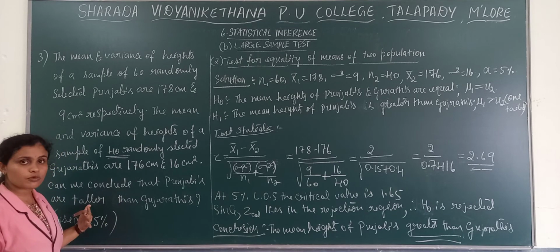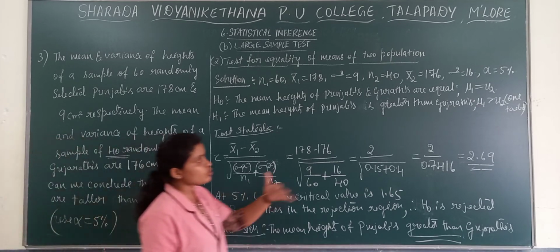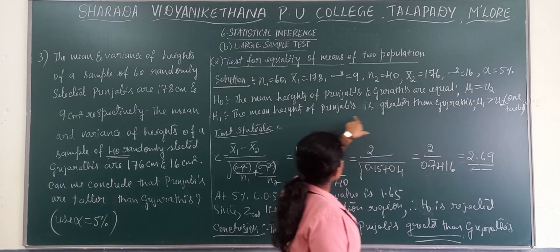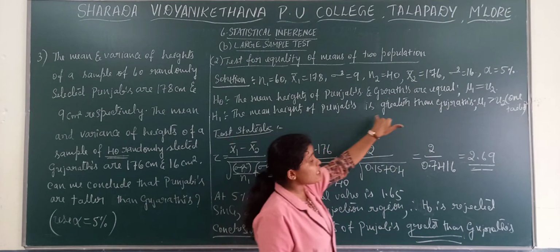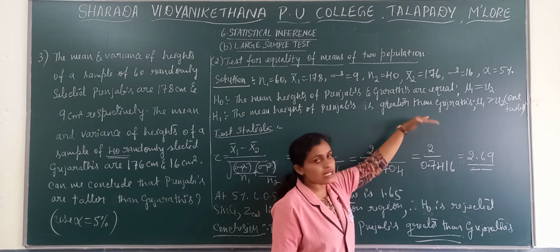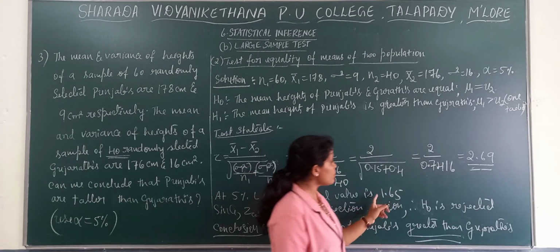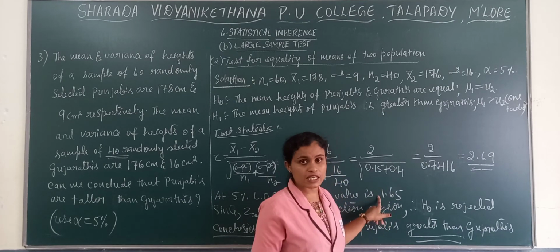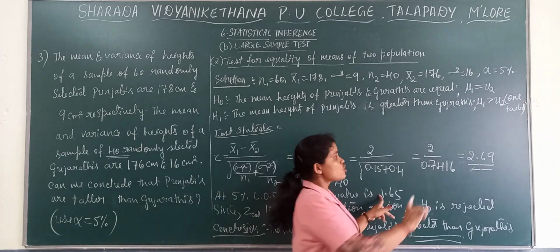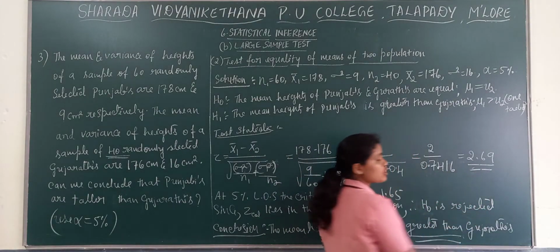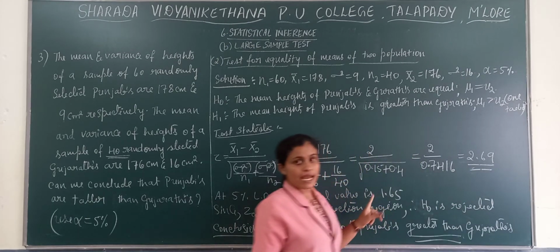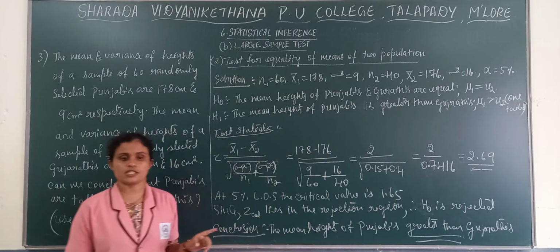If they have given a question like shorter than, then we need to take it as left tail, and write the mean height of Punjabis is lesser than Gujaratis. And here we need to take minus 1.65. If we get minus here, that is left tail. So the calculated value should be greater than that; if it is less than, then we could have rejected the null hypothesis.